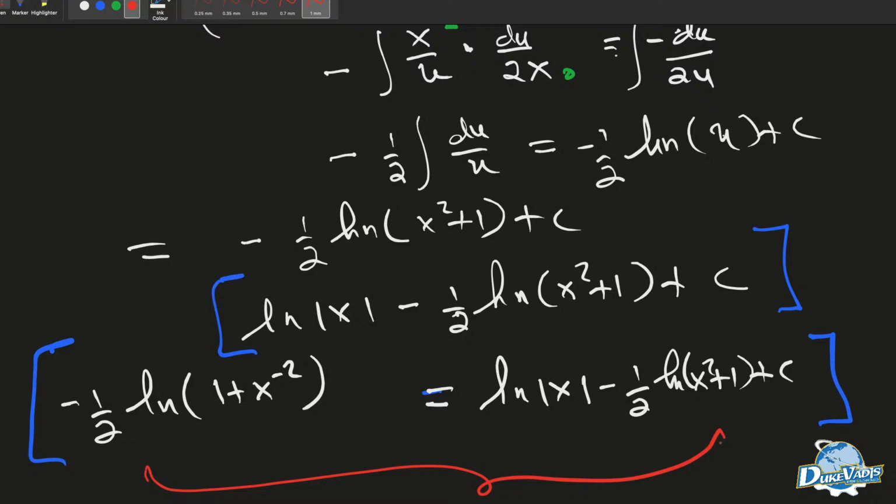Bear in mind that if you substitute values from 0 and above into this equation and use a calculator to verify, the left hand side will be equal to the right hand side. Well, I leave that with you.